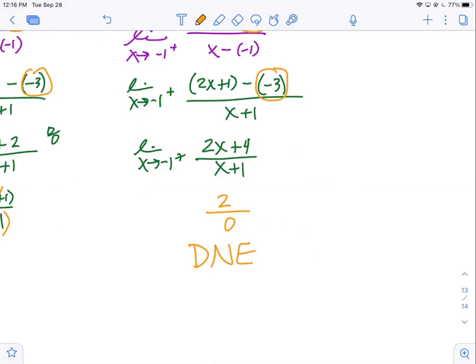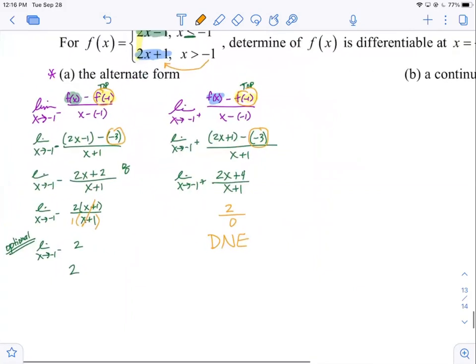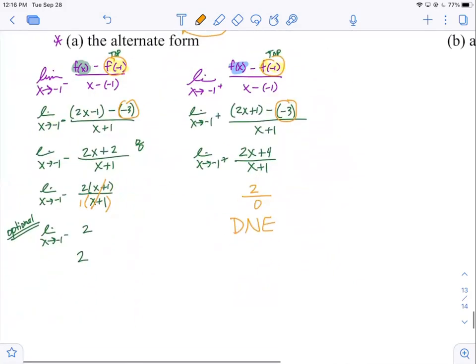That limit doesn't exist. So in that case, does 2 equal DNE? No, right? So in this case, you could just say 2 does not equal DNE. I don't know if that's the best argument, but you know, it doesn't work, right? Both of them have to exist, and they both have to equal each other.